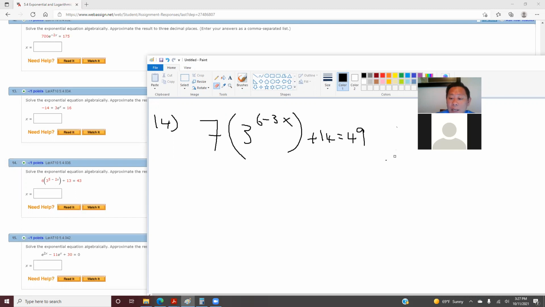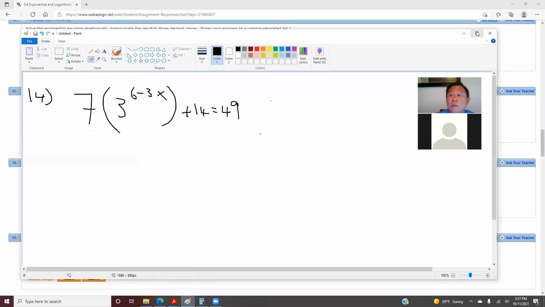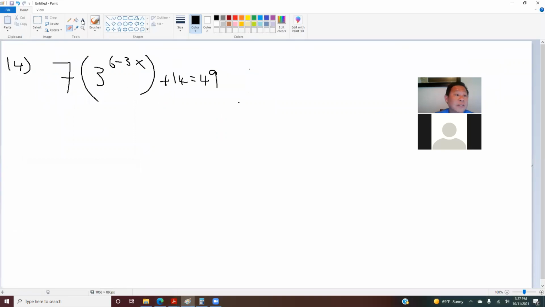So we have to get rid of the 14 and the 7 first. That's the first thing to do, because we want to get x by itself. Yeah, I know that far, so I know to take away 14 and then divide by 7. So what do you get? 3 to the power of 6 minus 3x equals 5. 5, okay.